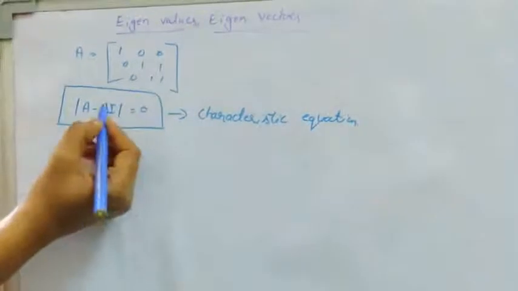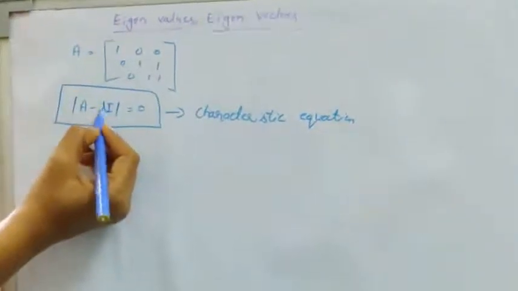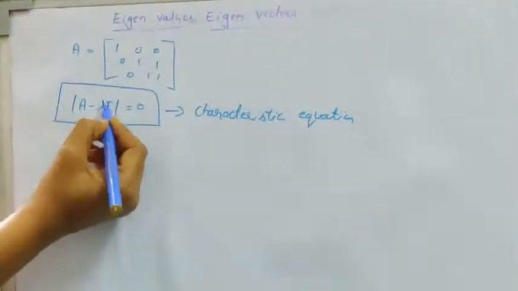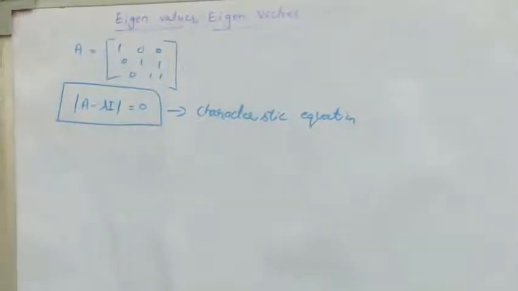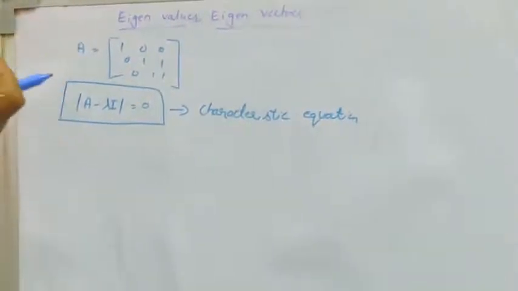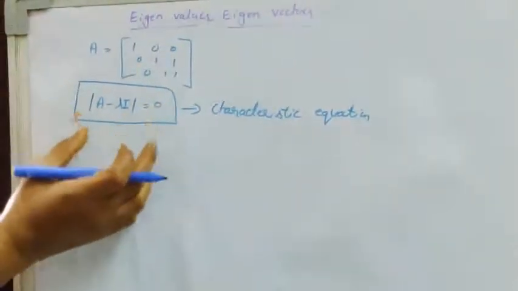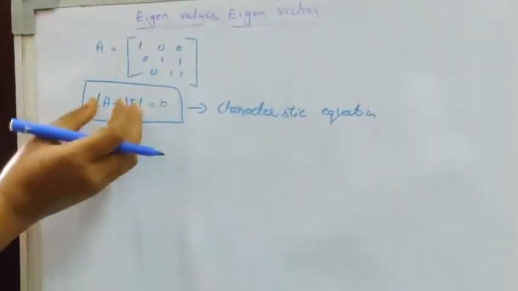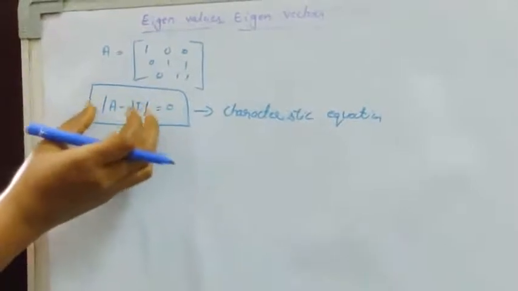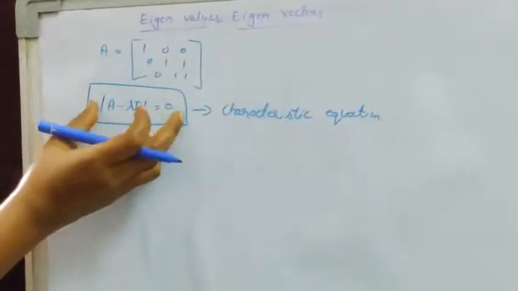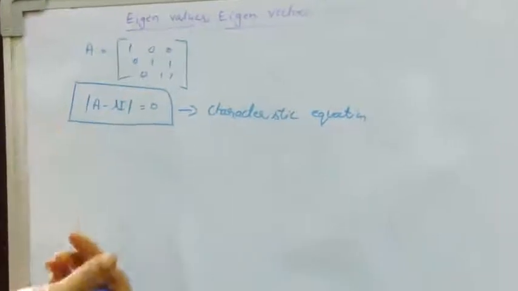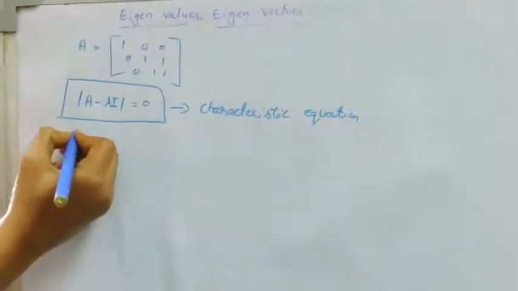Here lambda is a scalar and I is the unit matrix whose values are 1 0 0, 0 1 0, 0 0 1. By applying mod to this, that means by determining the determinant of the matrix, you will get lambda values.